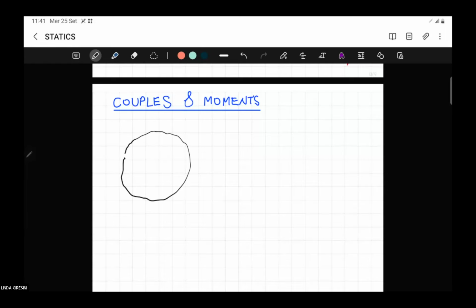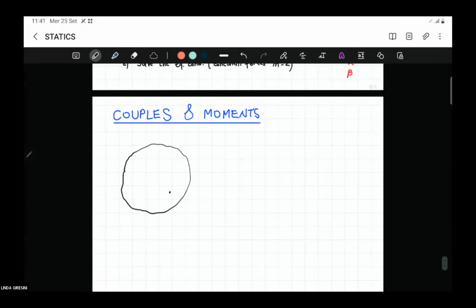When you have a body like this one, you can have applied on it two forces which are not concurrent forces, but they have the same magnitude.